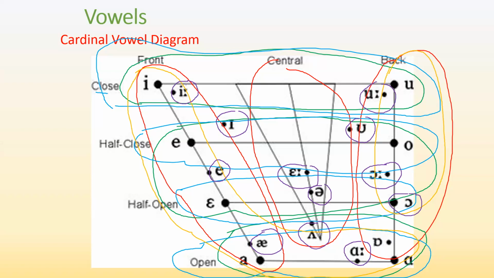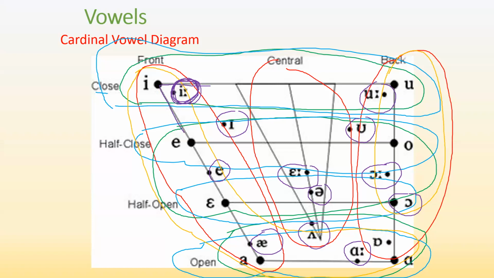Okay, now you can check easily. If you remember the cardinal vowel diagram, of course, you can easily remember the location. Now, for example, take E, right? This one. Now, what are the characteristics of this long E sound? If you remember the characteristics of this corner, then you can apply them to E. What are the characteristics of this corner?